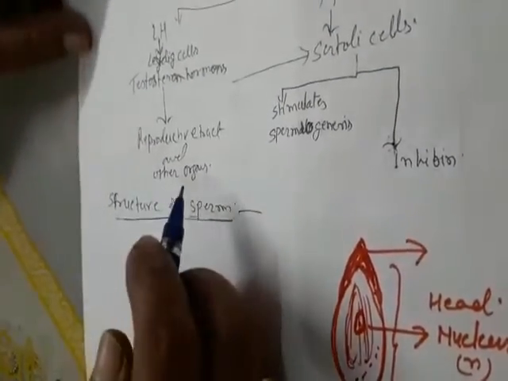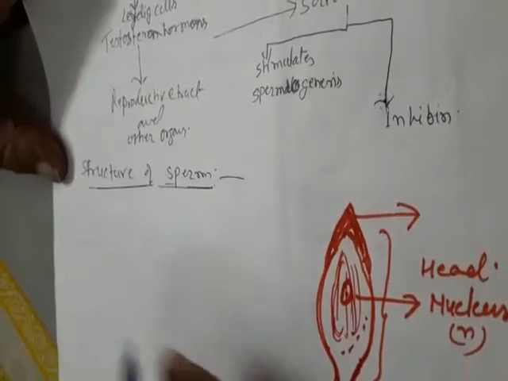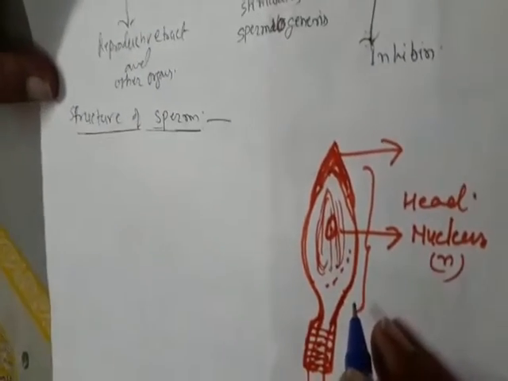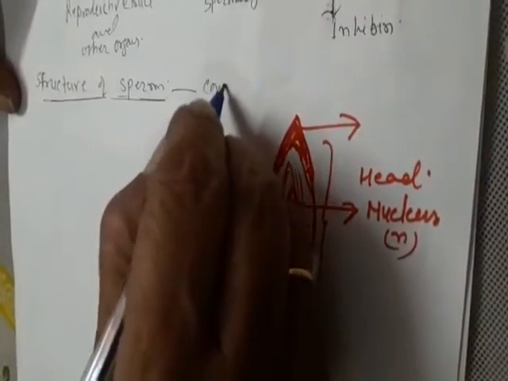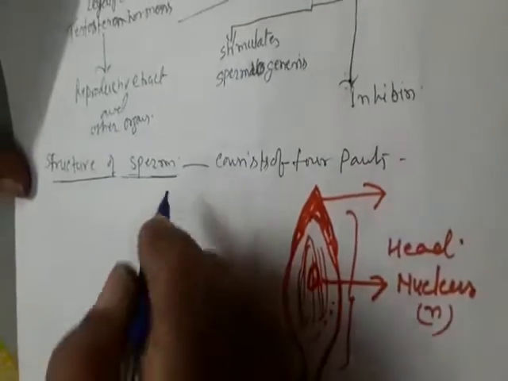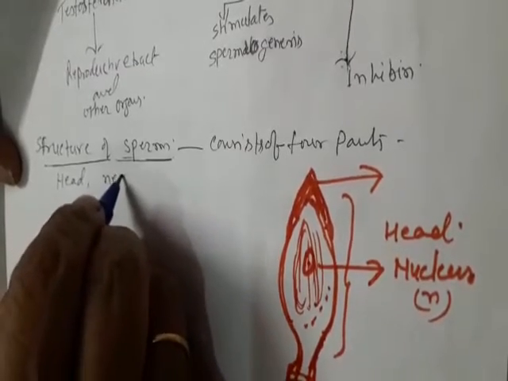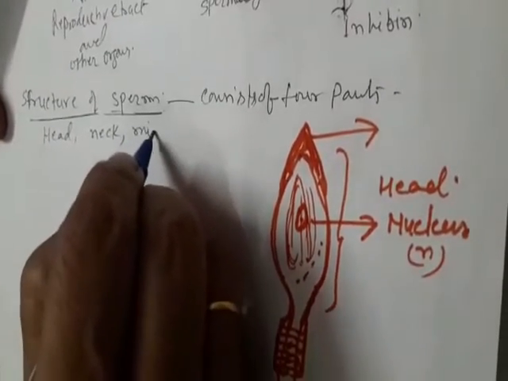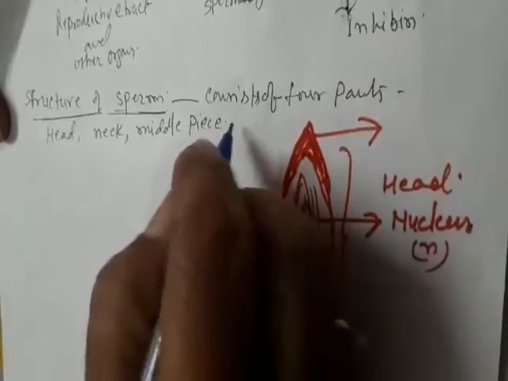So now, after hormonal control, we start the structure of a mature sperm. A mature sperm consists of four parts: head, neck, middle piece, and tail.